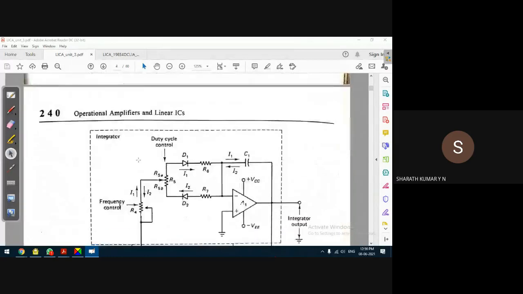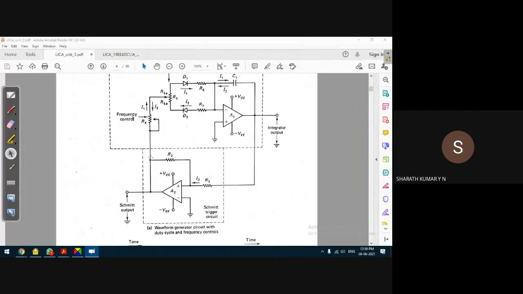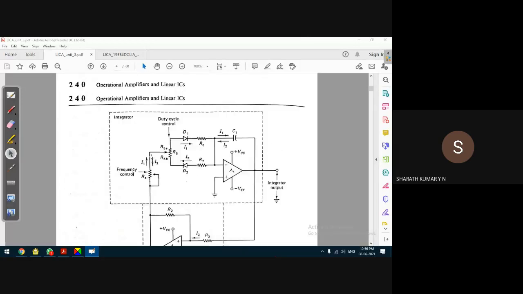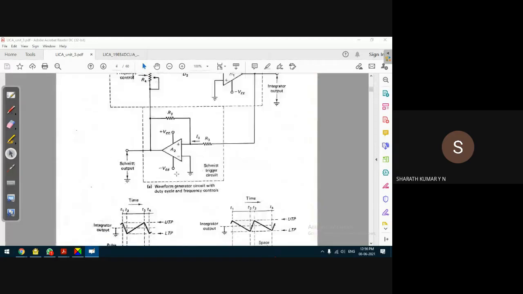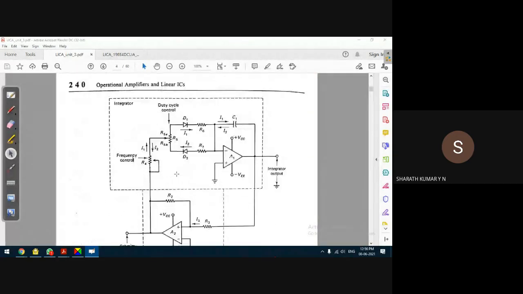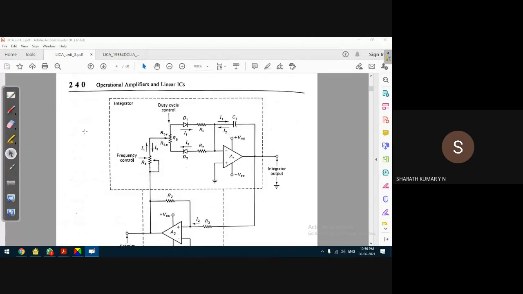Let me jump to the circuit. Instead of reading the text, let us jump to the circuit. This is the modified circuit, from the same triangular and rectangular waveform generator circuit we discussed just now. The same circuit is modified to generate what is known as a frequency and duty cycle adjustment circuit. This is the integrator circuit.